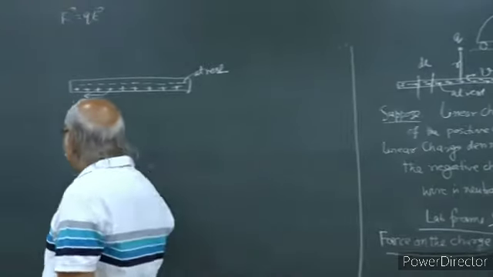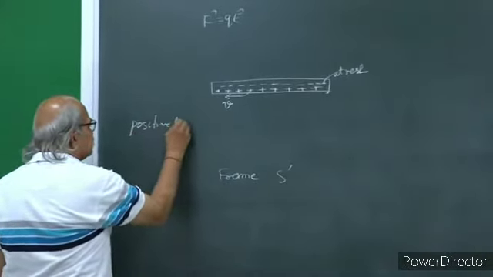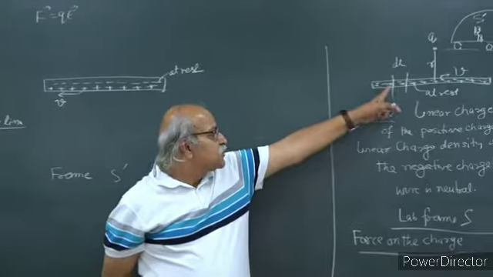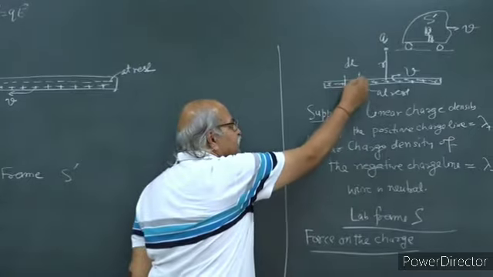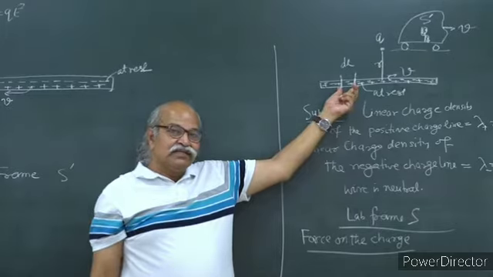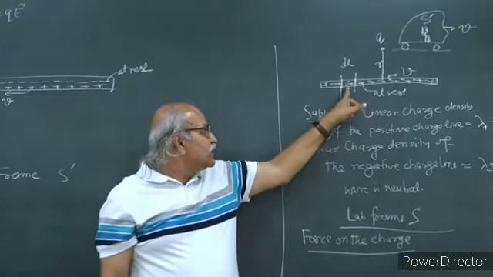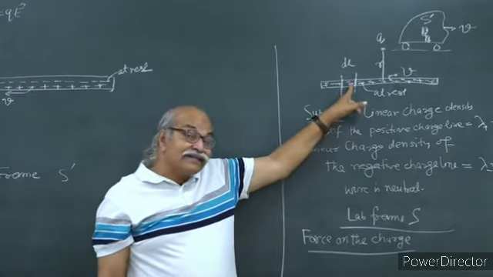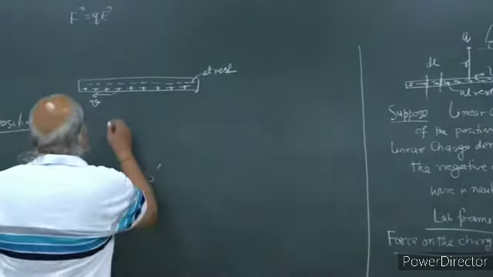So first look at the positive charge density, the positive line. In S frame, the positive line is at rest. Suppose this is the length that I am looking at, this separation. For the positive line, the separation here is dl, and the positive line is at rest in S frame, but the positive line is now moving.